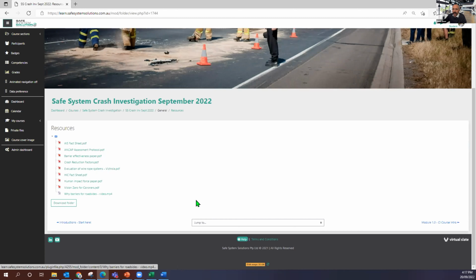There's a little video of UN explaining why road safety barriers are good in areas where there's even a cleared roadside, which I thought I'd pop in there as we were thinking about barriers, and I went into the barriers folder, and so we've got that.